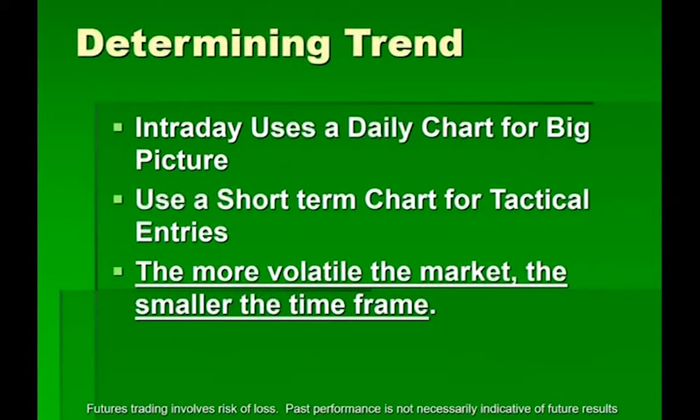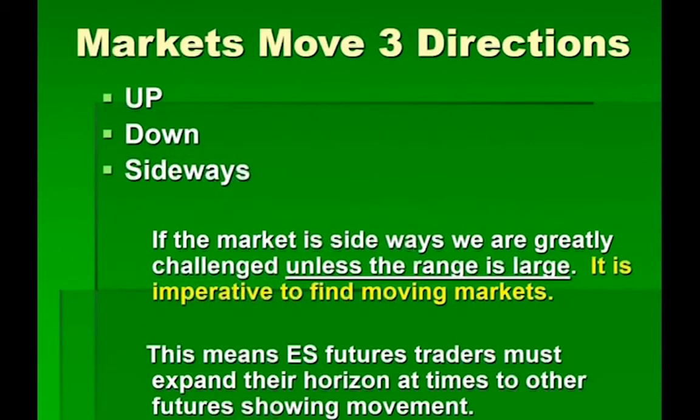Now, determining trend. Intraday is going to use the daily chart for the big picture. That's really all we're concerned about. What's going on in the daily chart for the big picture for the day trader, okay? We're going to use a short-term chart for tactical entries. As a general rule, the more volatile the market, the smaller the time frame. So in the beginning, I tried, I don't know, 3-minute chart, 5-minute chart, and, you know, build strategies around that.